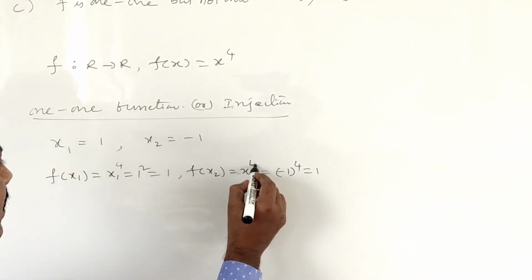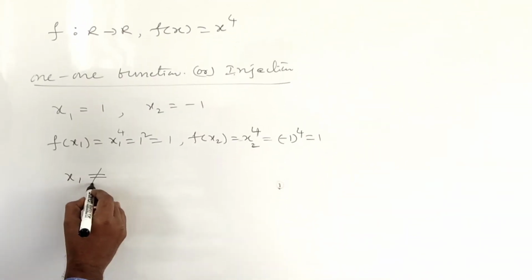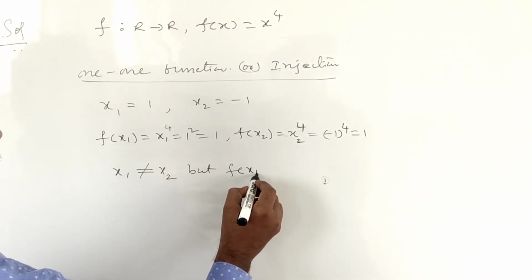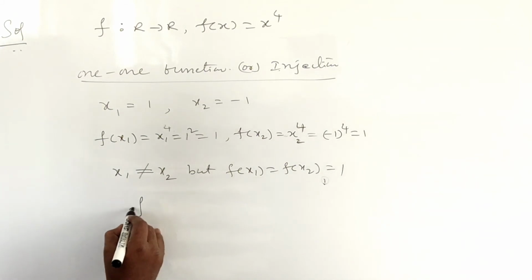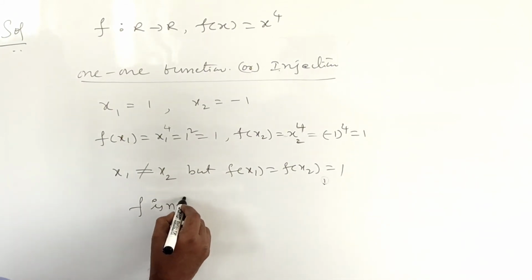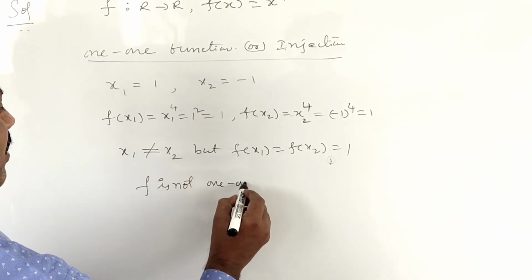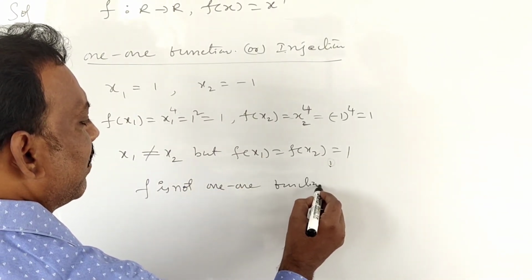So we can say that different inputs they are giving. x1 and x2 are not equal, but f of x1 and f of x2 are equal. That's why f is not 1-1. I told many times, if f is not 1-1, what will it be? It will be a many-1 function.